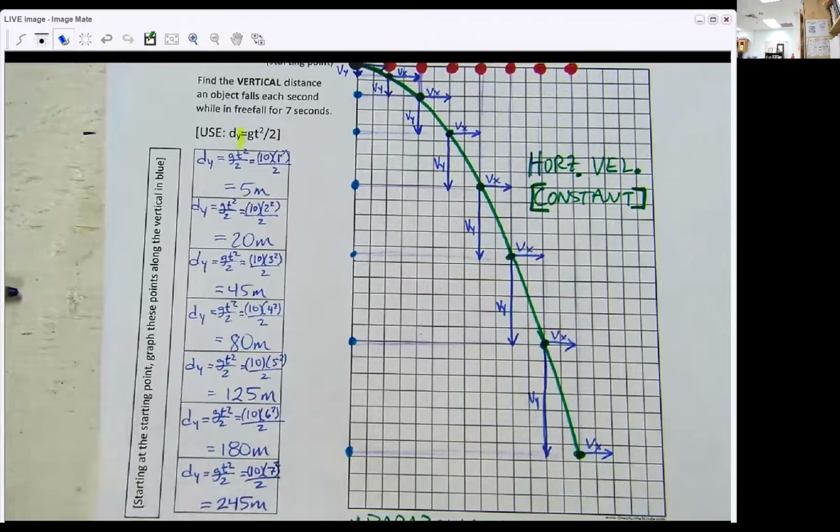And so what you get is something that looks like this, right?